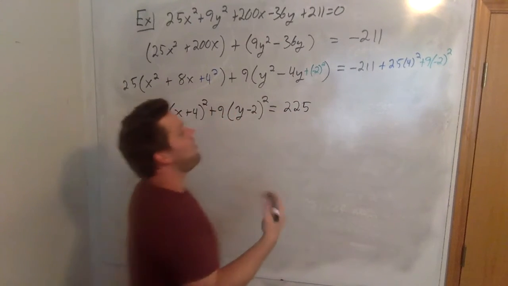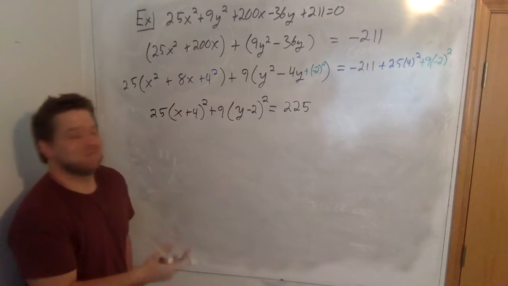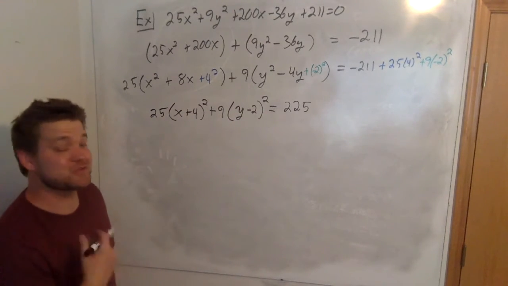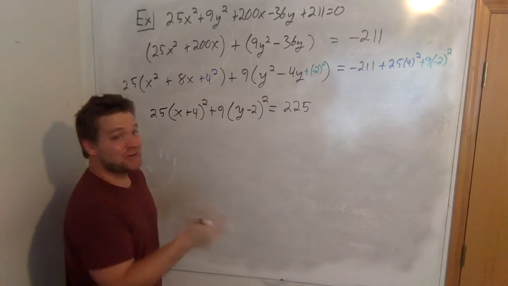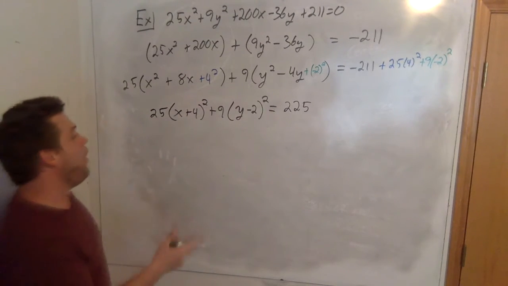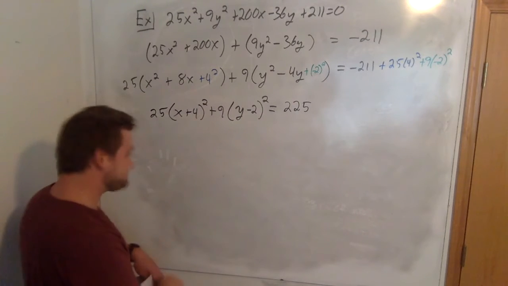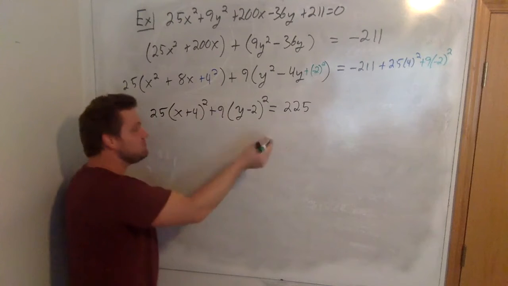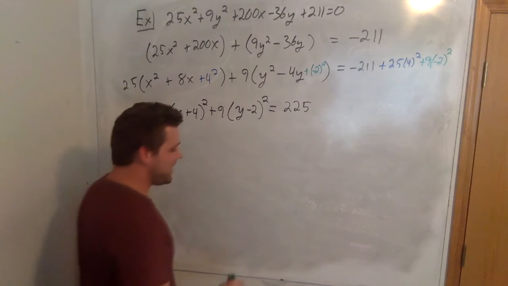And maybe already you're starting to figure out which conic this is. I don't know if you can smell it through the screen, but this smells a lot like an ellipse. I'm getting wafts of ellipses over here. But ellipses usually have a 1 on the right, so let's divide both sides by 225.